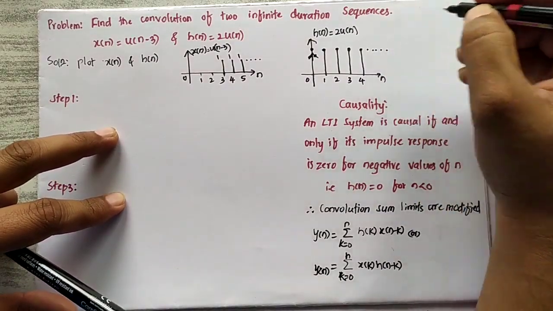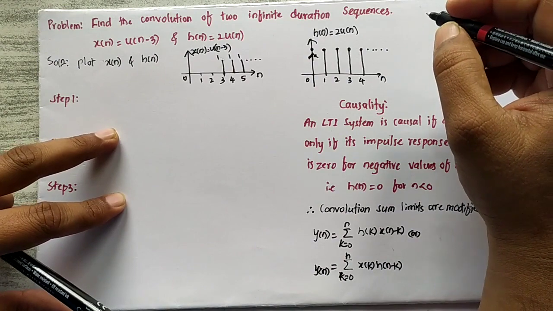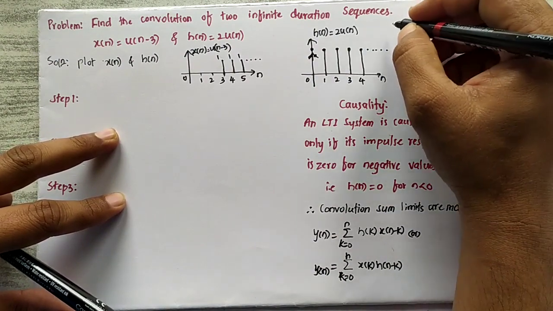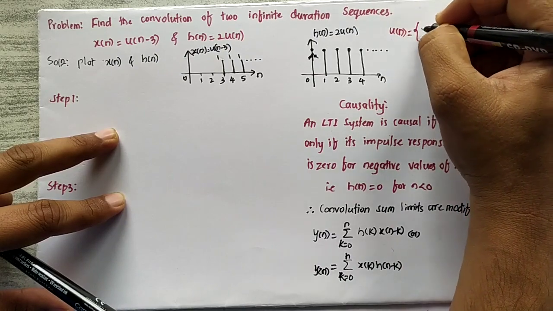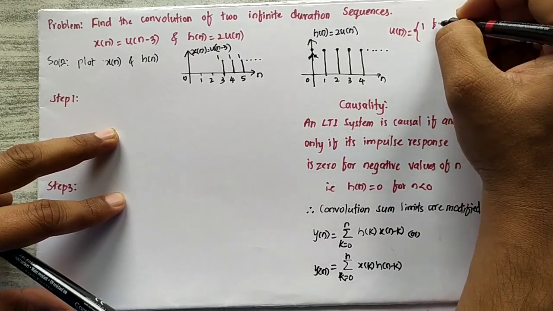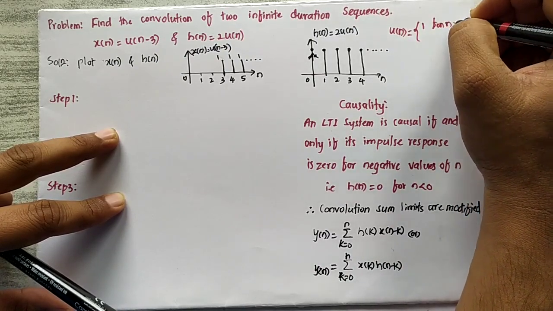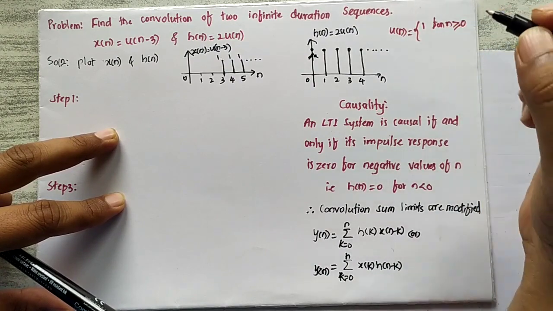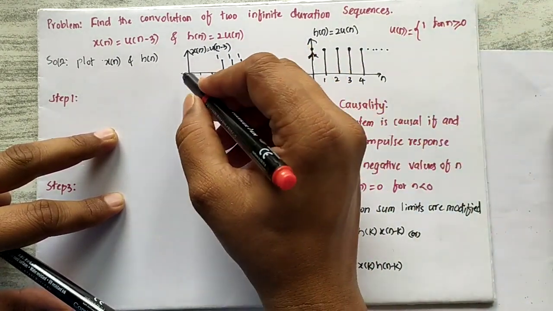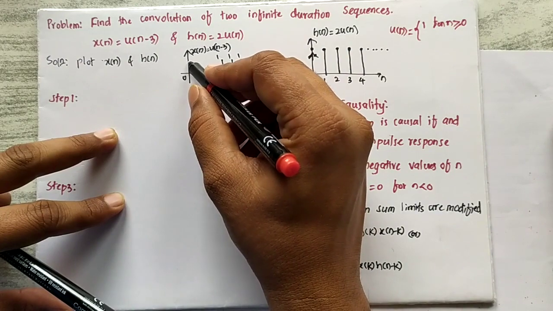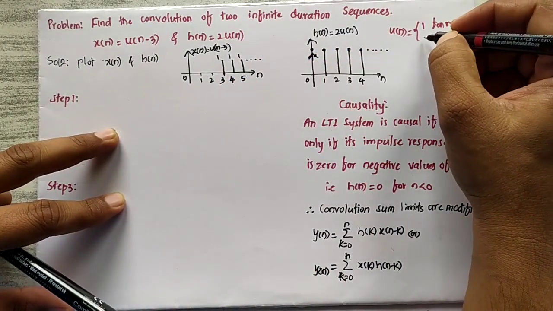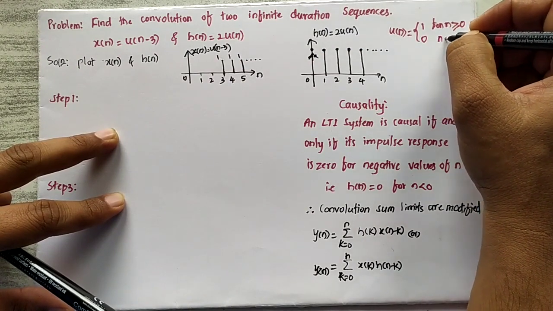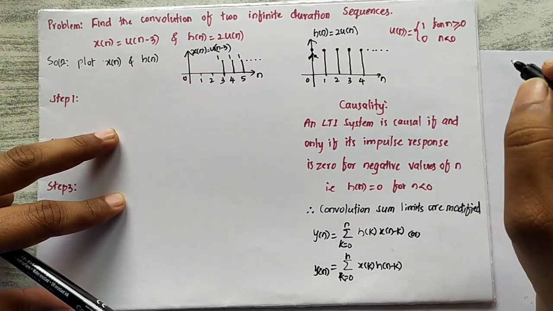Mathematically, u of n is equal to 1 for n greater than or equal to 0, so it starts from 0 with amplitude 1 and goes to infinity, and it is 0 for n less than 0.